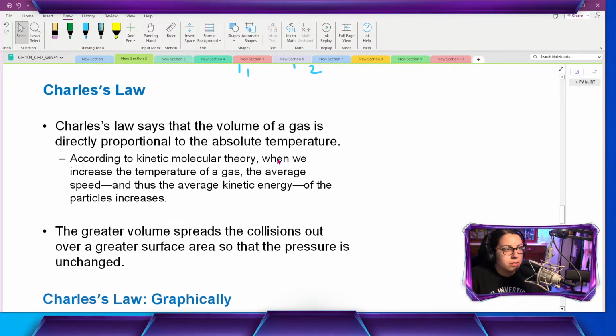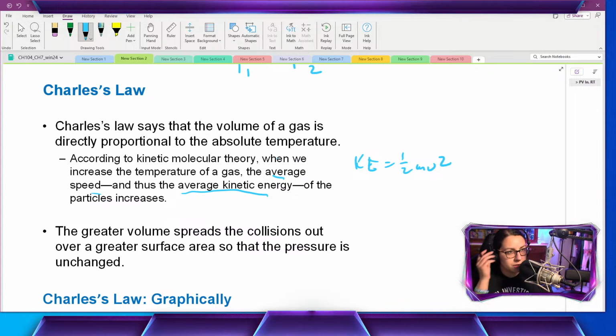And again, we're assuming that we have our ideal gas. According to our kinetic molecular theory, if we increase the temperature of the gas, that means the average speed, and thus the kinetic energy of the particles, increases. Kinetic energy is 1/2 mv squared.